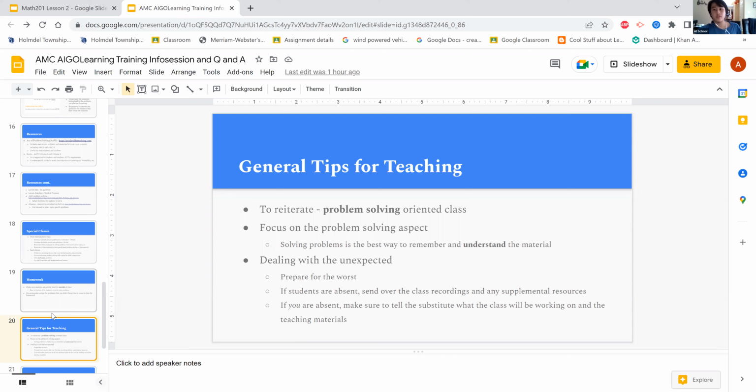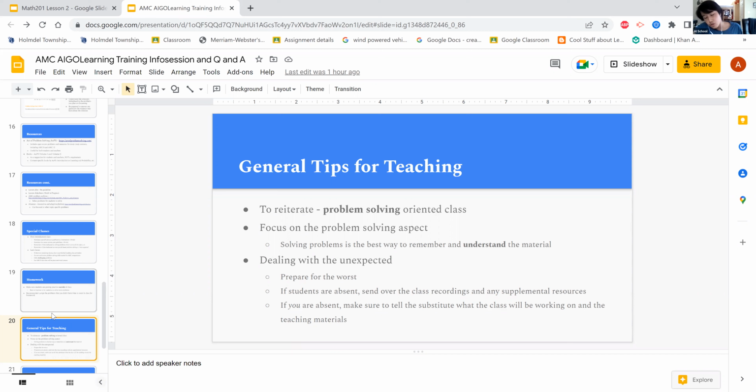For example, you give them geometry, but they didn't really cover geometry. Then what do you do in that situation? Well, obviously, it's a hard situation, but you're probably going to have to continue the class, and then after class, send them information to catch up. It's a difficult situation, but you want to follow the majority here. You don't want to hold the entire class just for those two students.